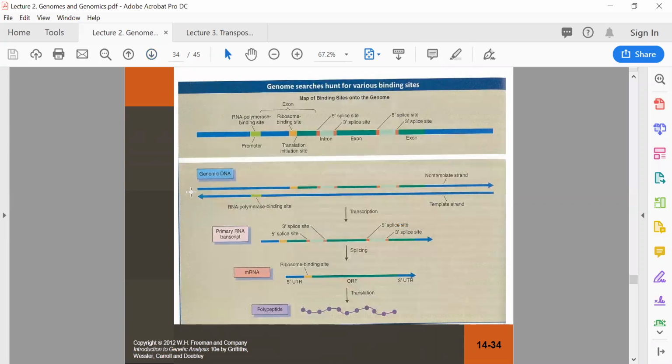It represents different sources of information that can be combined to create the best possible messenger RNA and gene prediction, using information from cDNAs, from ESTs, from those public databases, and so on. And all that information can be used to create this map of different binding sites within the DNA.